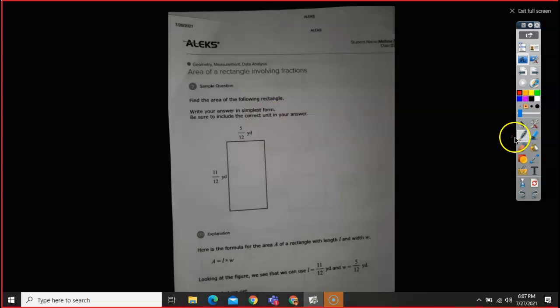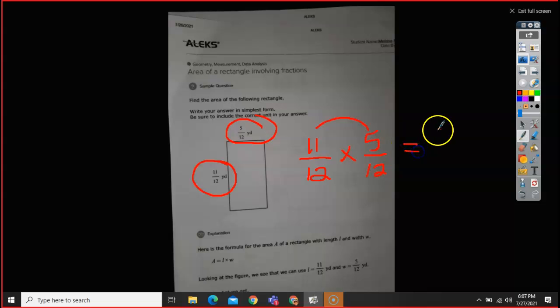All right, so basically you're going to say 11 over 12 times 5 over 12. So you would do 11 over 12 times 5 over 12. Now the thing about fractions is that you multiply the top. 11 times 5 is 55.